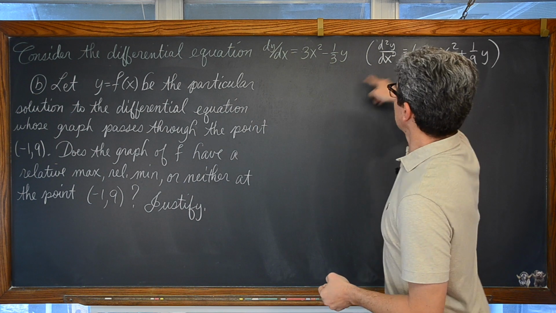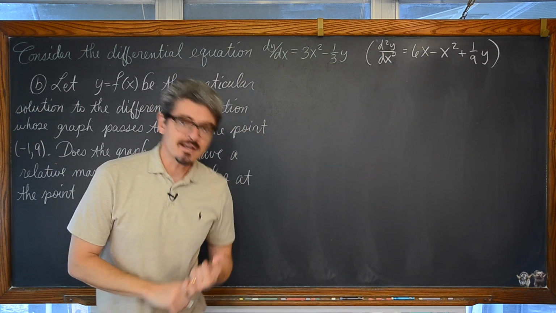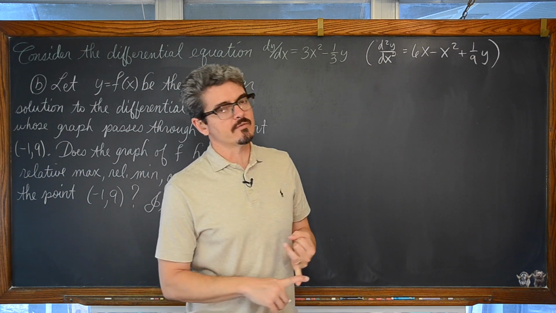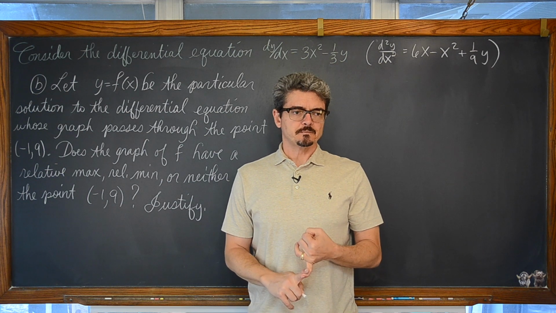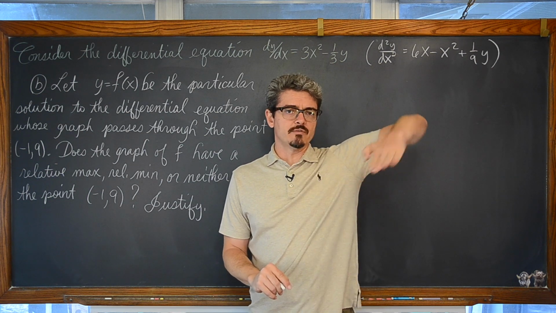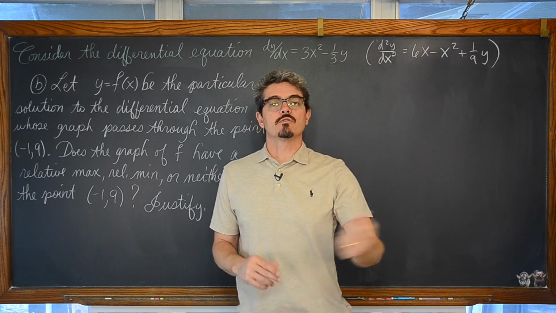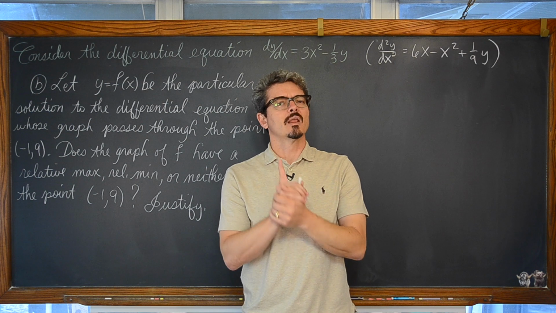But with this particular question, we were already told to calculate the second derivative. So you can also identify a relative extremum using the second derivative test. If the first derivative is equal to 0 and the second derivative at that same point is greater than 0, indicating that your function is concave up, then you have a relative minimum.